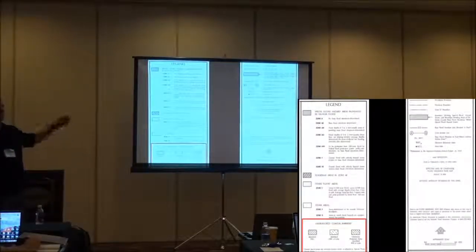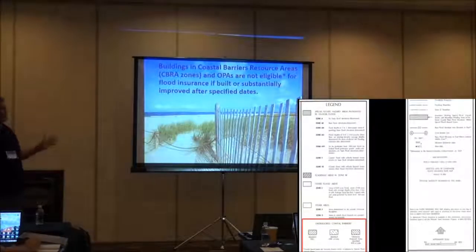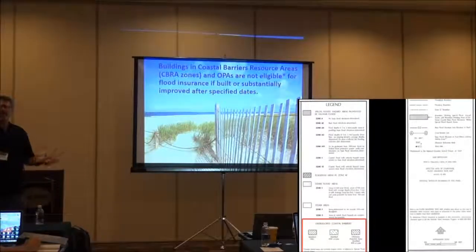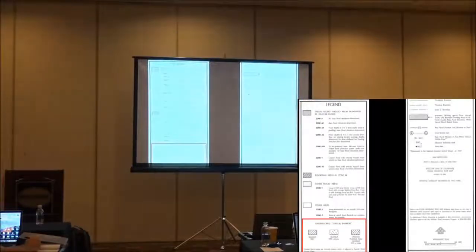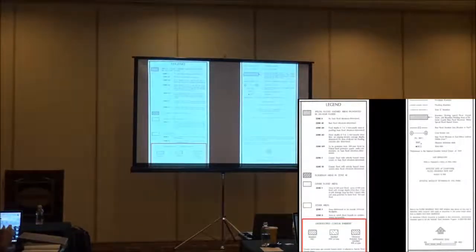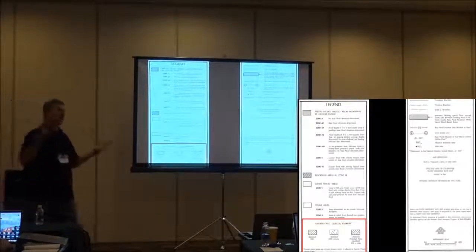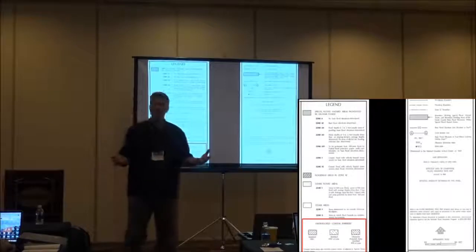I mentioned that because a lot of people get confused on this whole concept of coastal barrier resource areas. How do I know where those are? How do I know the dates? You don't have to know any more than what the hatching pattern is and what the date is by the legend. As she found out, they're not always on the legend, so you may not have one on your map.